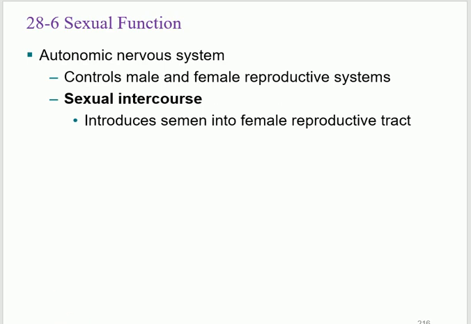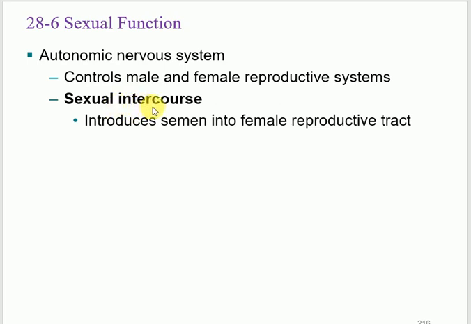Now the sexual function. The whole process of sexual intercourse is under the control of the autonomic nervous system, both in males and females. So what happens during sexual intercourse?